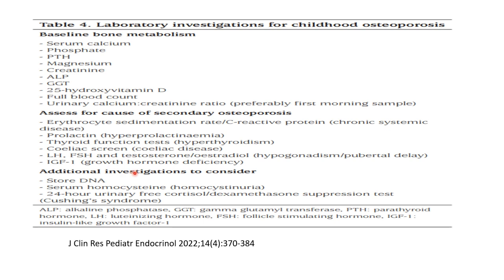Hypogonadism needs to be ruled out, and growth hormone deficiency also needs to be taken into account. Additional investigations depend on the case-to-case basis, in which even serum homocysteine to rule out homocystinuria, and investigations to rule out Cushing syndrome also need to be done.